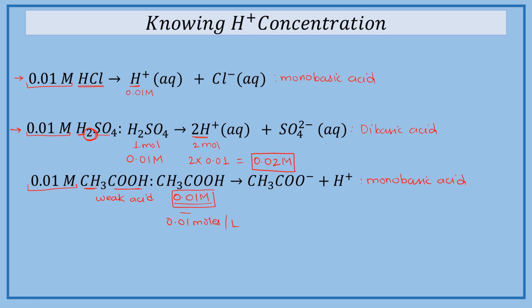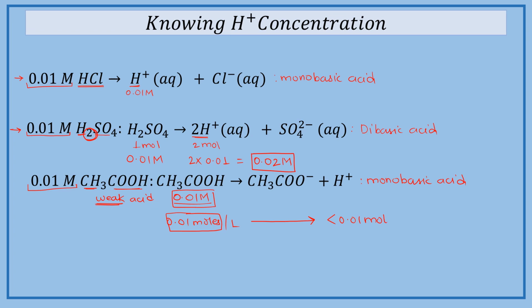So these 0.01 moles of molecules are not going to dissociate because this is a weak acid. Only a fraction of these molecules will get dissociated into H plus and acetate ion, and hence we can expect the concentration of H plus right here to be less than 0.01 molar.